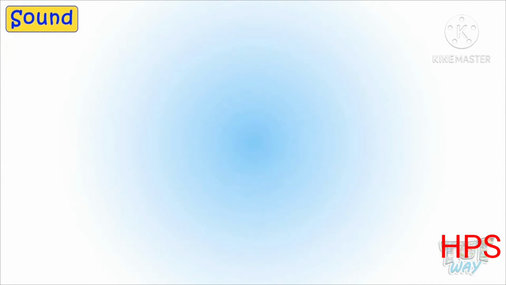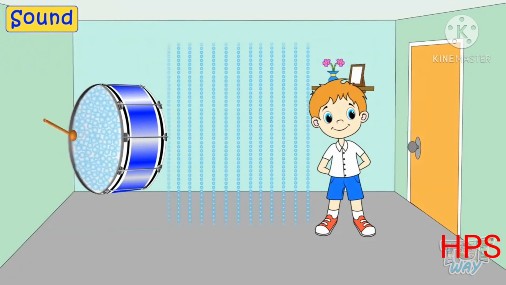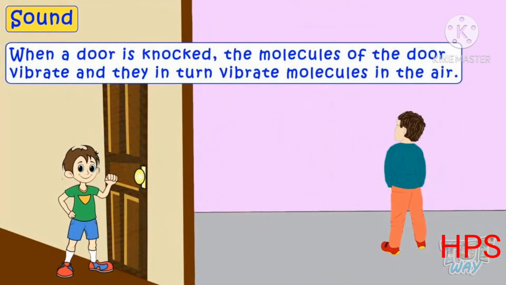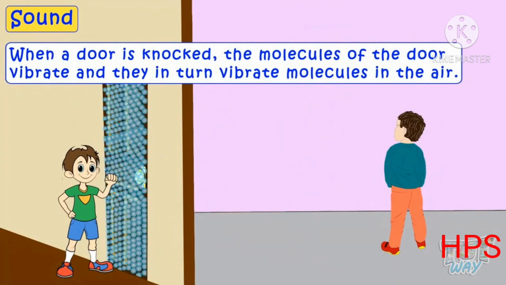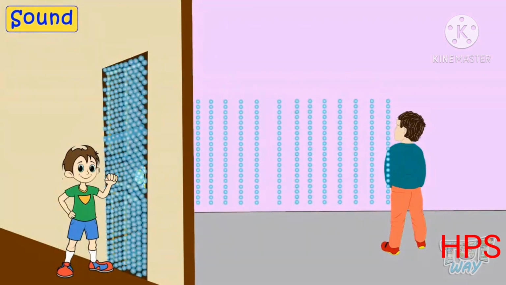Any vibration causes the molecules in the object to vibrate, which in turn vibrate the molecules in the adjacent medium. Like when a door is knocked, the molecules of the door vibrate and they in turn vibrate molecules in the air. And this vibration passes on to the next and next molecules, and this way sound travels from the door to the listener.